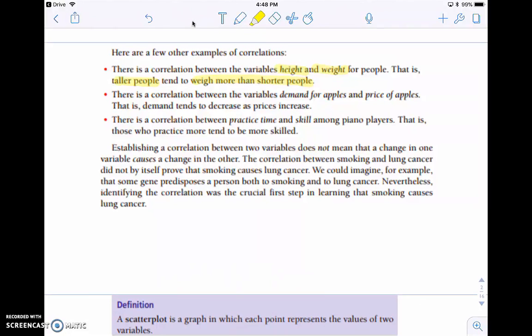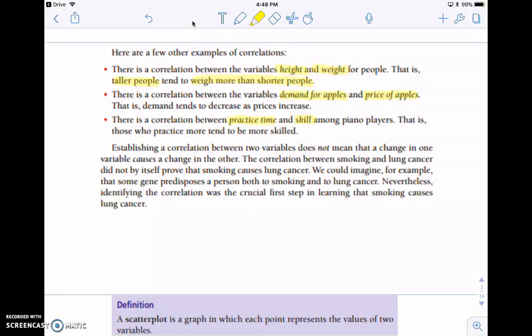There's a correlation between demand for apples and price for apples. If there's more demand for the apples, then the price of the apples is going to go up. If that demand decreases, the price will usually decrease with it. Correlation between practice time and skill among piano players. So usually the more practice someone puts in, the more likely they are to be skilled.